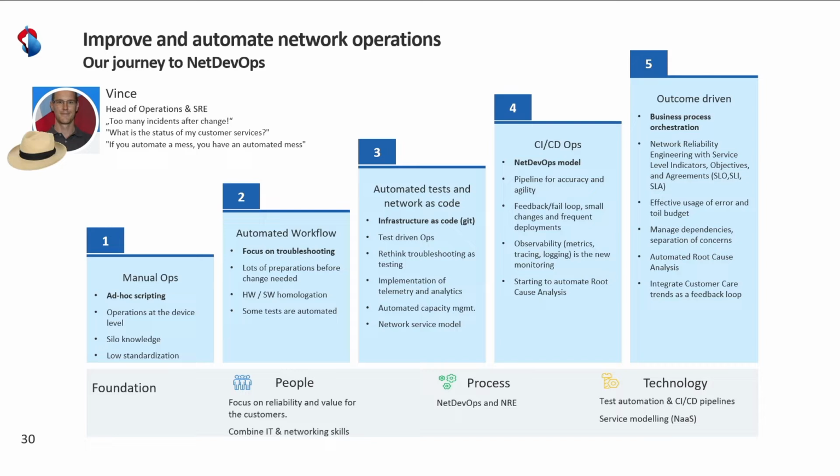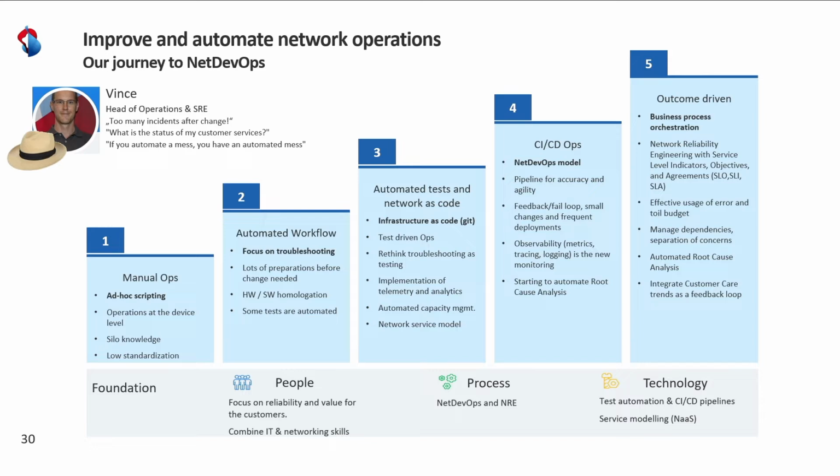All of that is based on a foundation of, first of all, people in operations with a focus on reliability and value for the customers. But I would like to add here that they need to improve on their skills to combine IT and networking, which is obviously to you in the audience, but that's a necessity for the network engineer in the future.